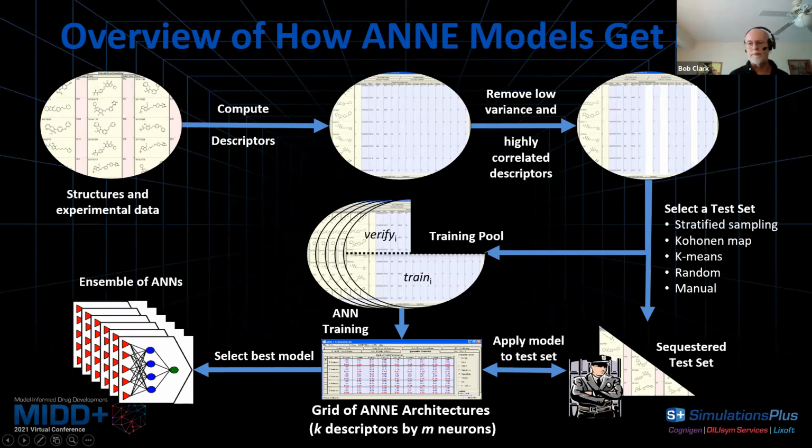And so we'll also try using different random numbers to seed the initial weights in order to make sure it's not just an accidentally good model. And after all that is done, we end up with the best model we've selected and use that ensemble of artificial neural networks to be our commercial model.